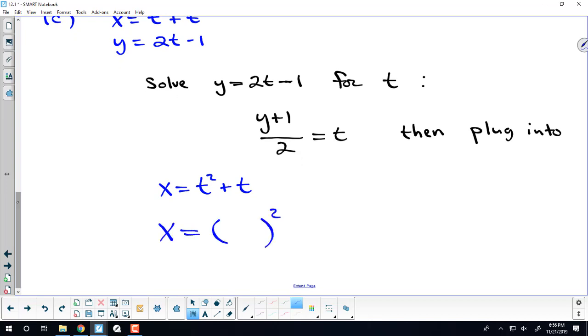So we have x is t squared, or ((y plus 1) over 2) squared, plus t, again (y plus 1) over 2.